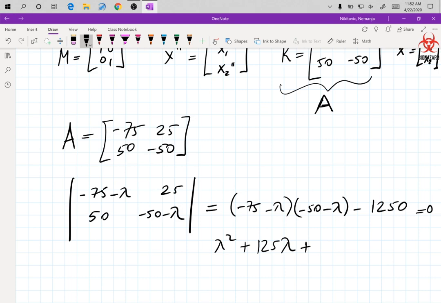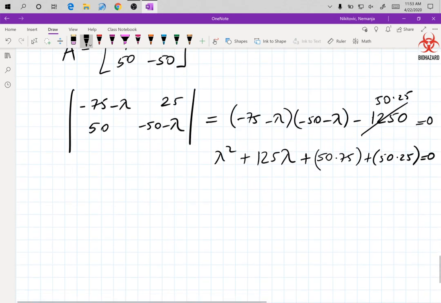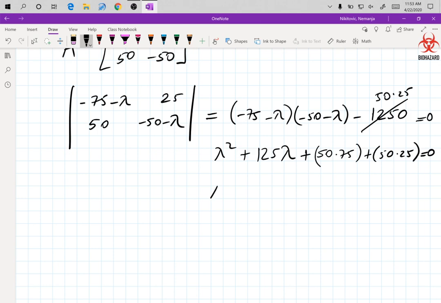Plus 75 times 50. I knew I shouldn't have multiplied, guys. Whatever. This is just going to be 50 times 25. Look at this trick. So this is going to be 50 times 75 plus 50 times 25. That's the calculation. This is what I like about quick computing. I calculated too quickly. Lambda.